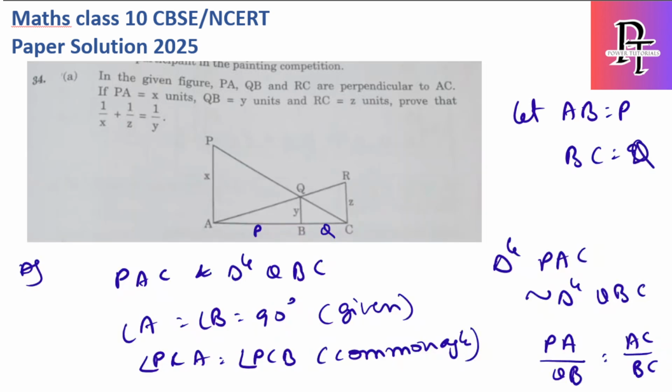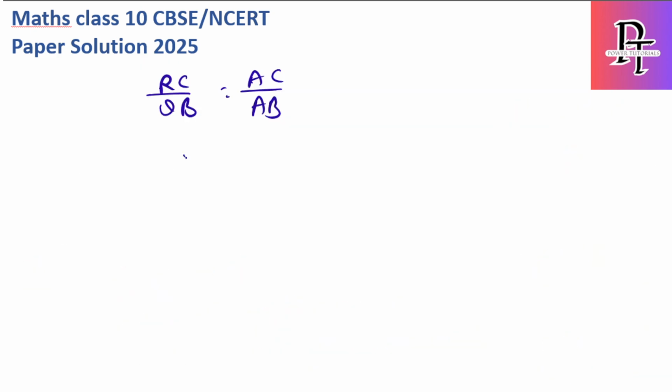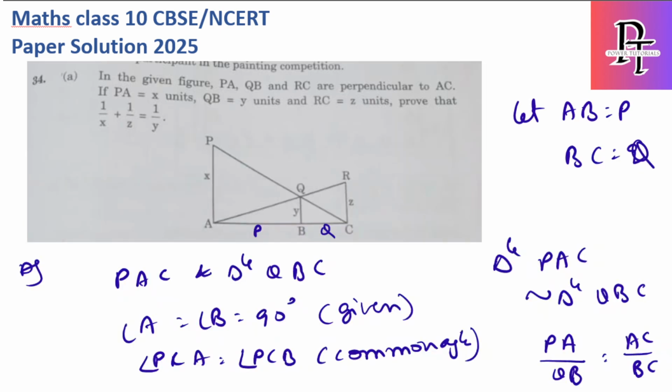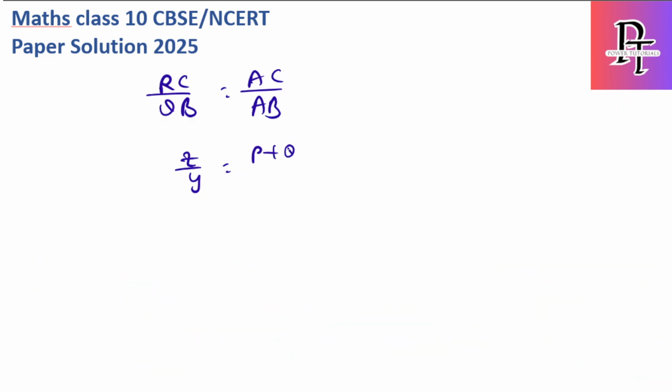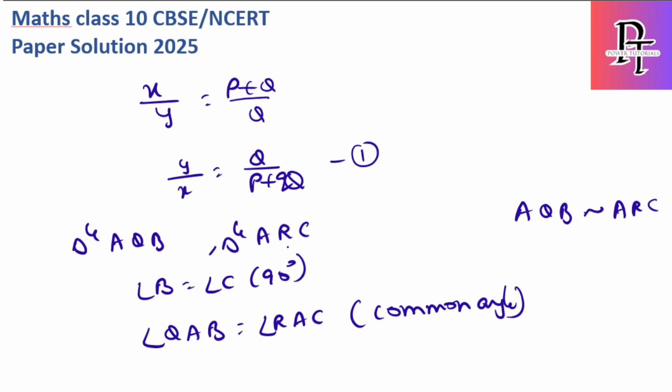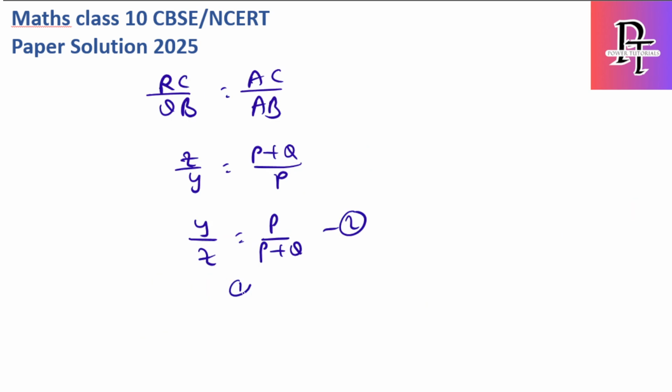So RC is Z, so Z by Y is equal to P plus Q by P. Let's take the reverse. This becomes Y by Z is equal to P by P plus Q. This is 2, and 1 we already have. Let's add 1 plus 2. So this becomes Y by X plus Y by Z is equal to Q by P plus Q plus P by P plus Q.